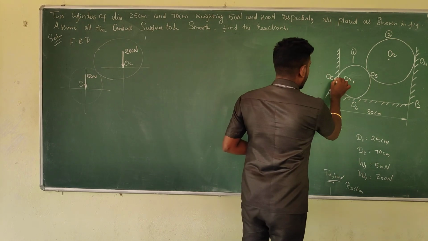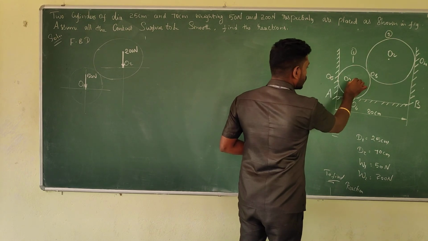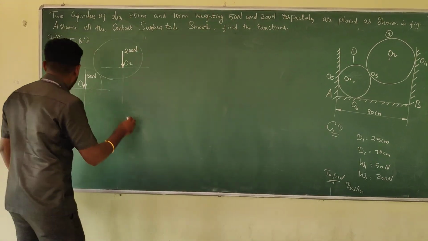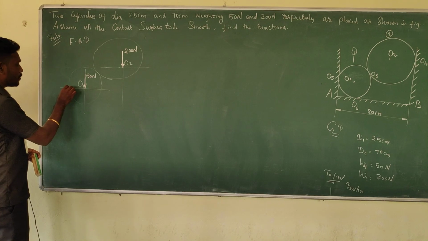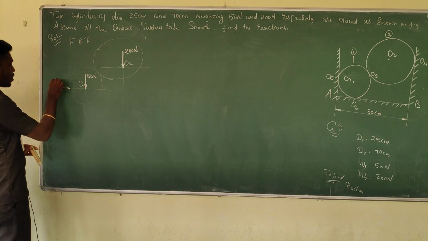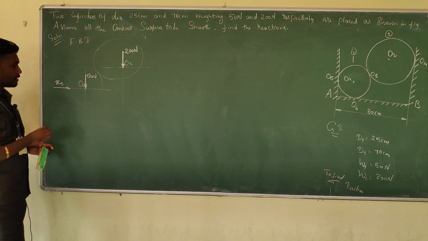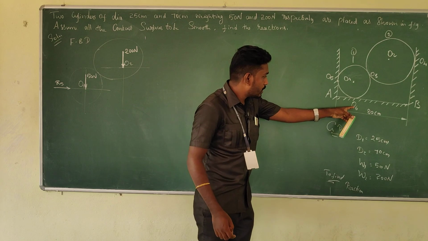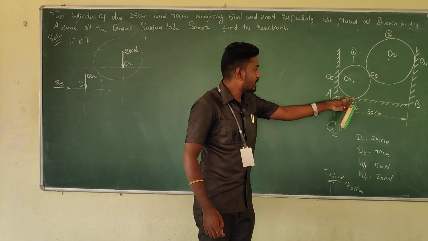The reaction force will be directed perpendicular to the surface, inwards. So at the point O5, I consider the reaction R5, which is inwards. And here at the point O6, there is a contact.